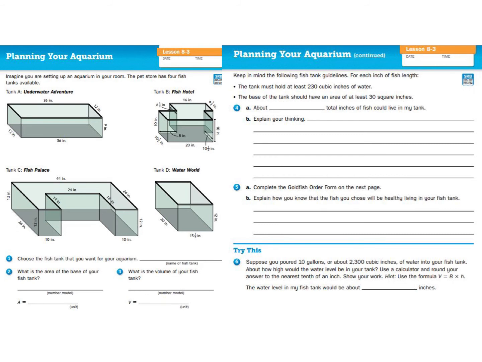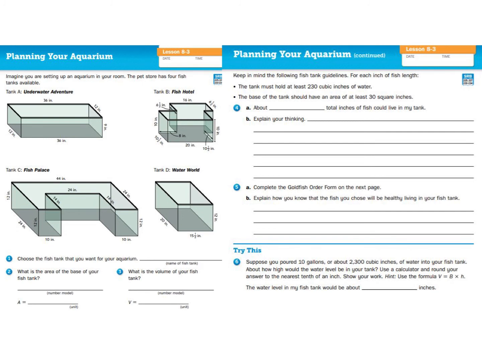Each inch of a fish length requires at least 1 gallon. So again, you might want to write that down as well. Each length of fish is at least 1 gallon. That's a mouthful. So that's kind of where that 230 cubic inches comes from.